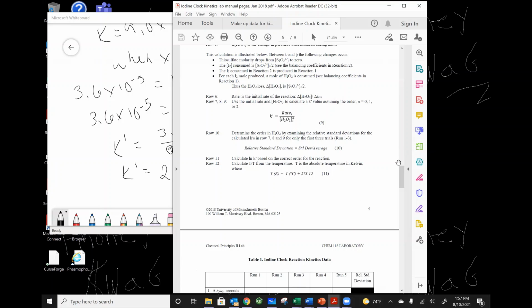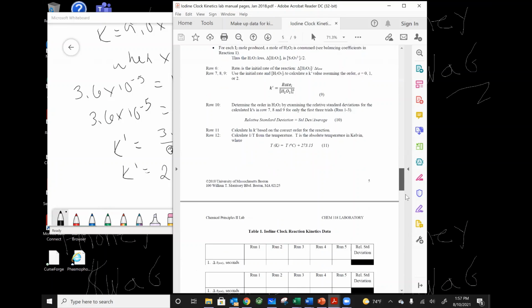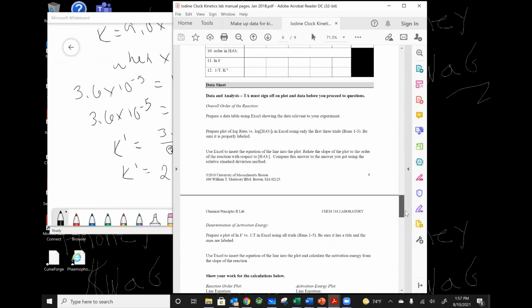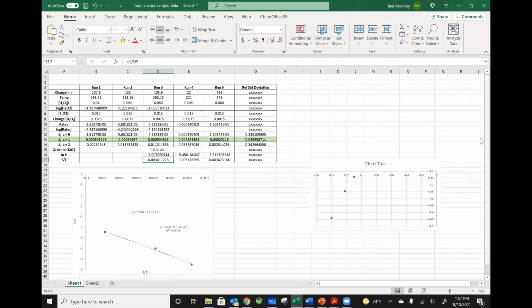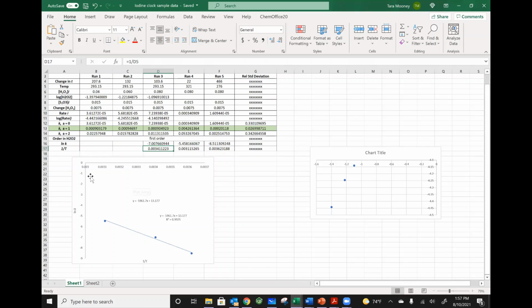So 1 divided by what that number is for the inverse, because we are going to be plotting, I'll show you my plot. We will be plotting the ln of k versus 1 over T to get this equation of the line.